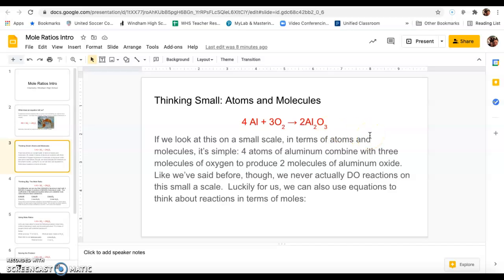Now, this is great, but we don't ever actually do reactions on this small a scale. We don't really think about reactions in terms of individual atoms and molecules. Luckily for us, though, we can use this equation and make a direct relationship between molecules and moles. So that's what we're going to do next.